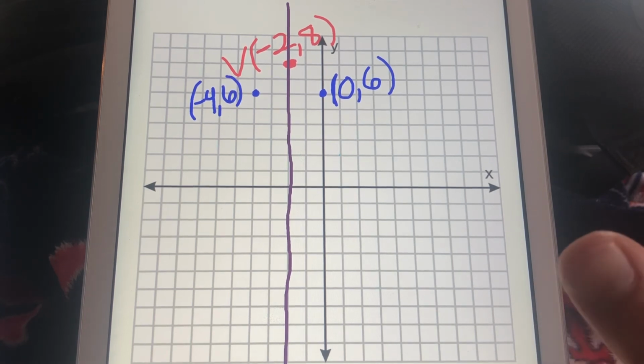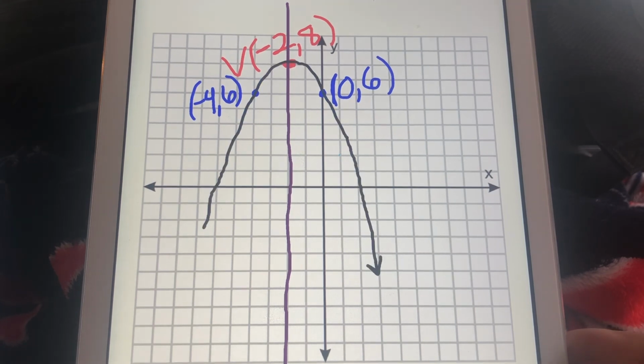If you want to be a little more exact, again, make a table of values or find the x-intercepts here. The x-intercepts would be negative 6 and positive 2 if you were to solve that equation by factoring. But I want to do these relatively quickly, so our parabola should go through all those points we found. And notice I've got it going through the x-intercepts at negative 6 and positive 2 as well.